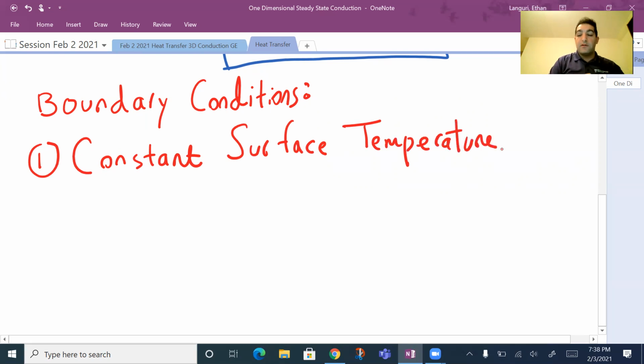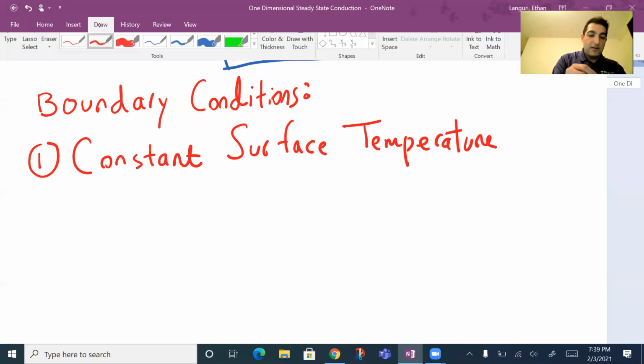Sometimes we can put a thermocouple on a wall, and we see a steady, constant temperature over time. So imagine the temperature of a wall inside an air-conditioned room remains constant over 8 hours, over 10 hours. That's a good assumption for a constant surface temperature. That's a good example.